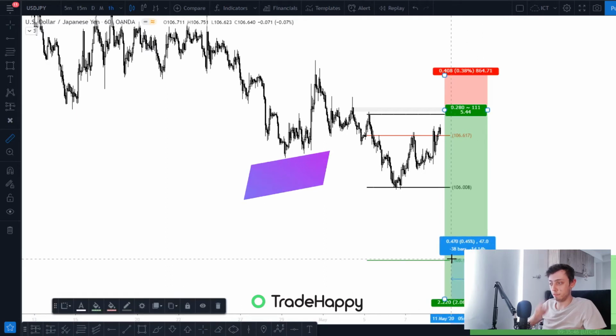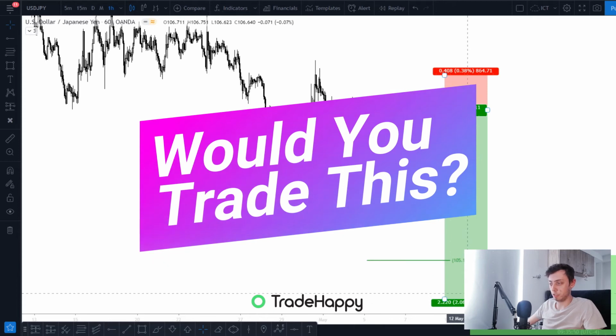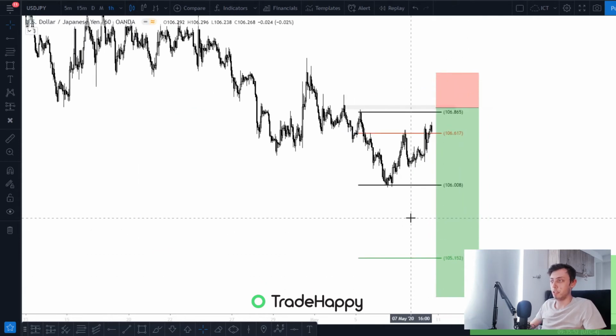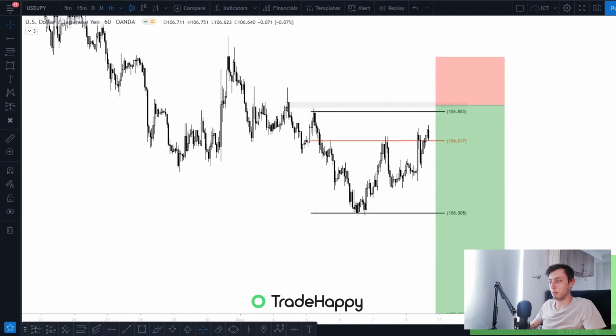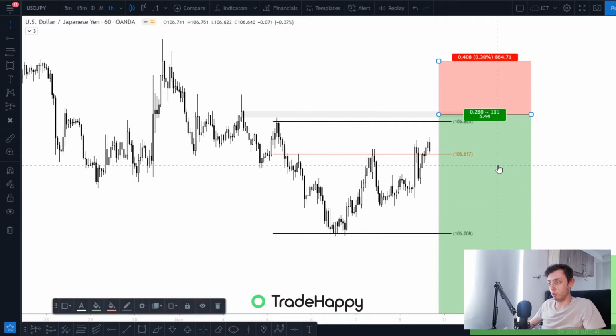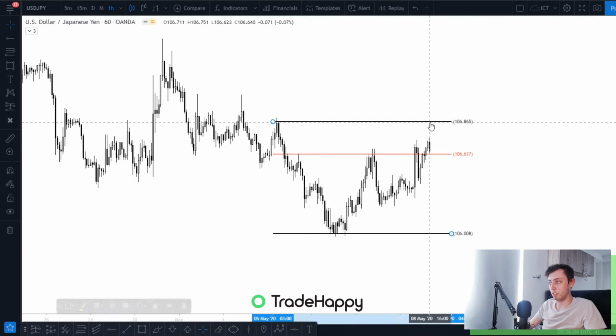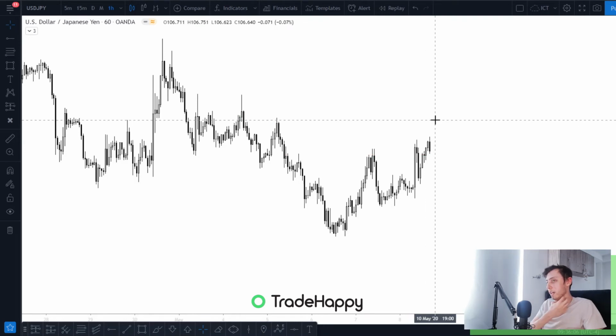There's almost 50 pips difference between this take profit and this take profit. So depending on what you want to do in terms of your trading, make sure that you're following your own trading plan and sticking to your setup.